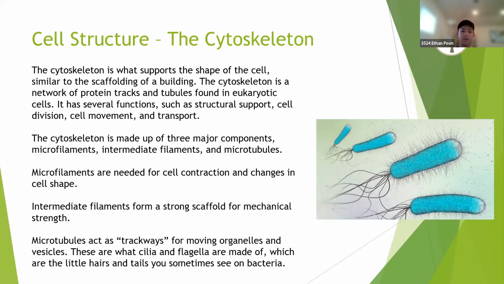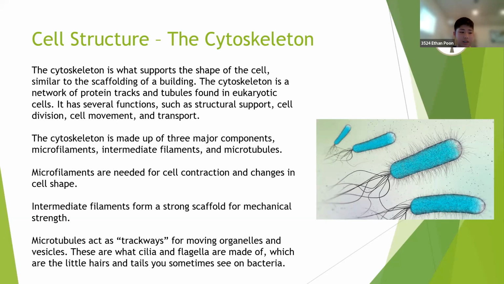So, cell structure and the cytoskeleton. The cytoskeleton is what supports the shape of the cell, which is similar to the scaffolding of a building. If you've ever seen a building constructed, you can see there's an X shape, like crisscross, before they actually put the concrete, like the rebar in concrete, have you ever heard of that?